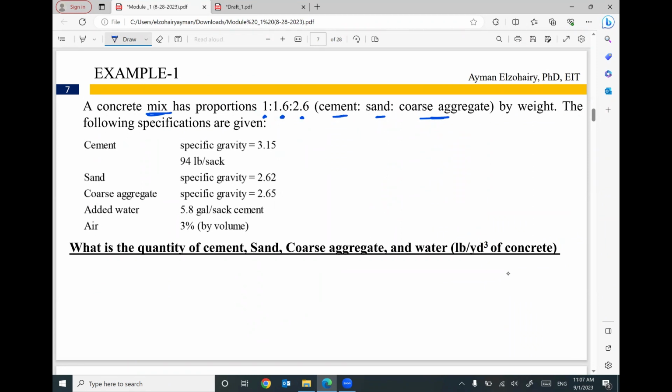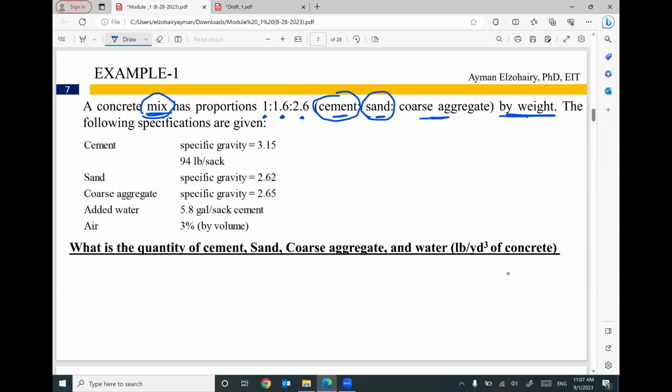One more time, that means by weight. This ratio is by weight. That means if you put 1 pound cement, you have to put 1.6 pound sand. You have to put 2.6 pound of coarse aggregate to finish up this concrete mix.